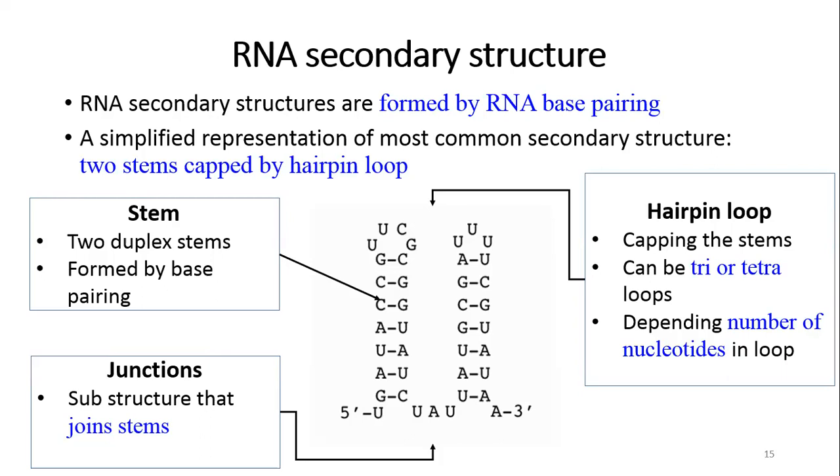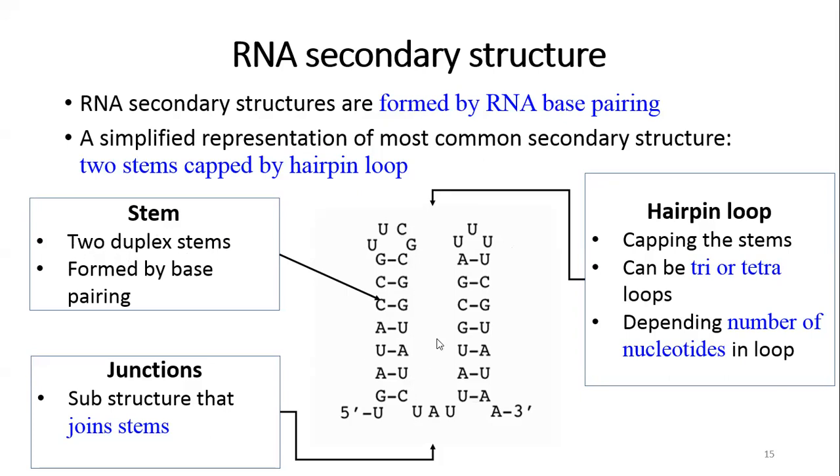What you see over here is a simplified representation of the most common secondary structures found in RNA: two RNA stems that are capped by hairpin loops. We call these stems.